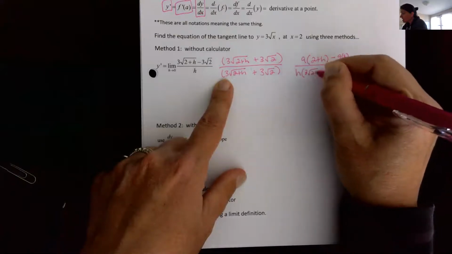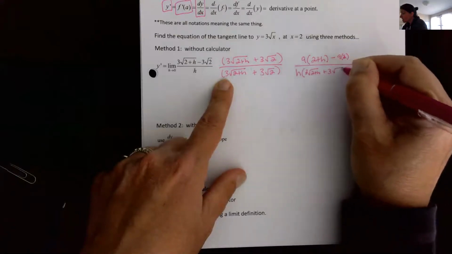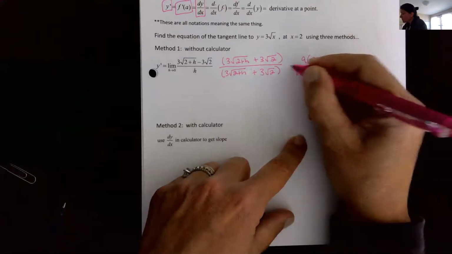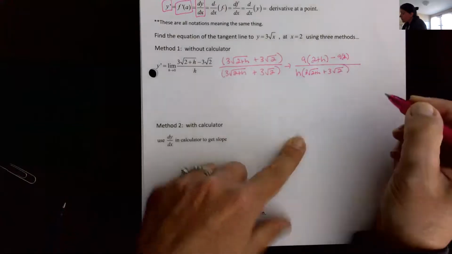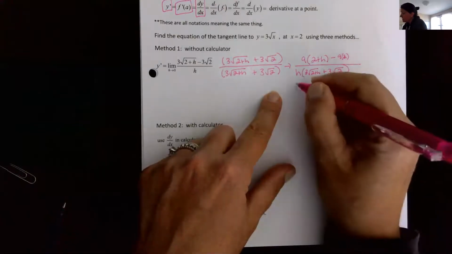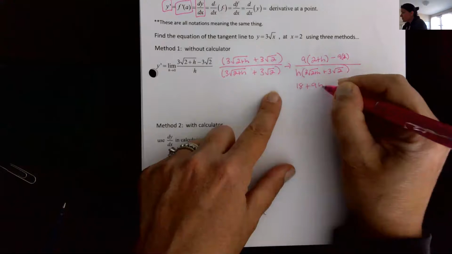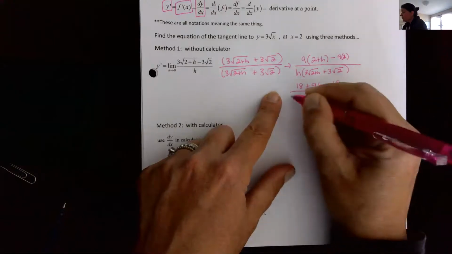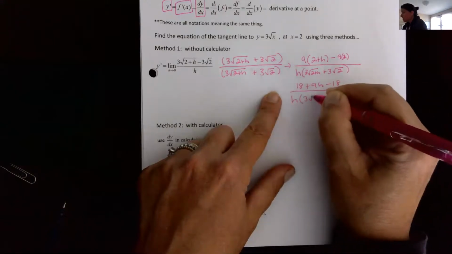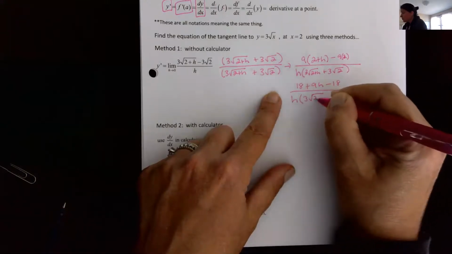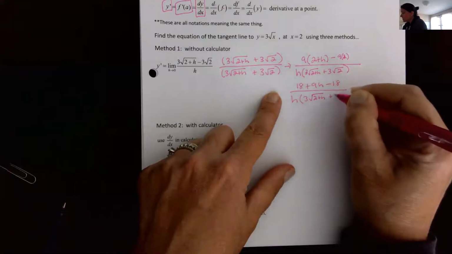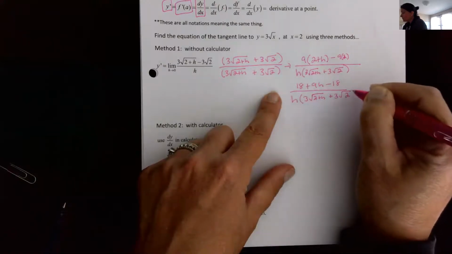Let me just write all of my other goodies. So this is 18 plus 9h minus 18, or h times 3 root 2 plus h plus 3 root 2.